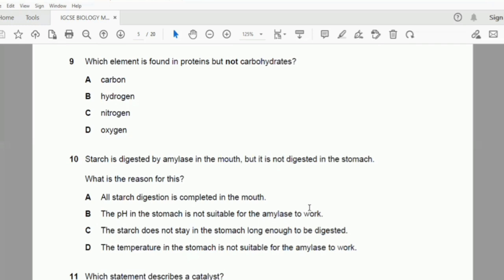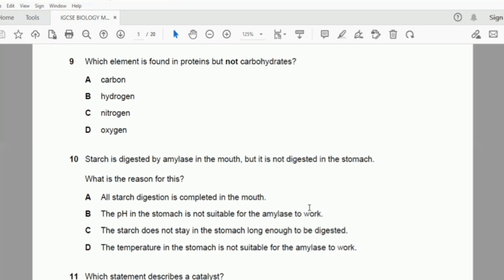The temperature in the stomach is not suitable for the amylase to work. Now, all starch digestion is completed in the mouth is a false statement, because digestion starts in the mouth for carbohydrate and then goes to the small intestine where it completes its digestion for starch.